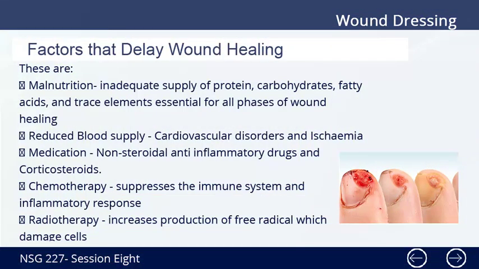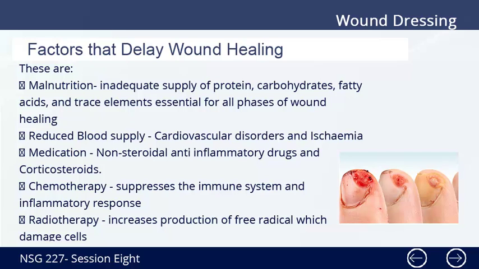Factors that delay wound healing. These are malnutrition, inadequate supply of protein, carbohydrates, fatty acid, and trace elements essential for all phases of wound healing. Reduced blood supply, cardiovascular disorders and ischemia.